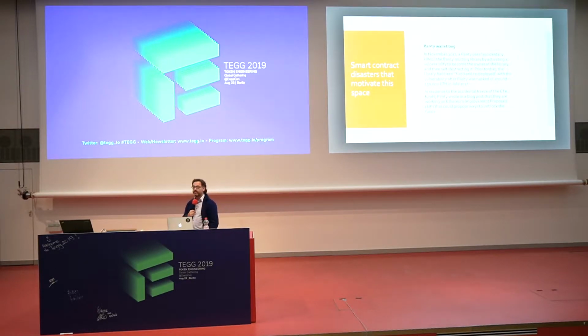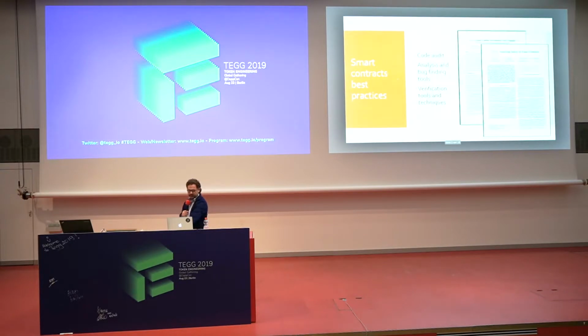Well, so what's happened after that? A few things happened. We've seen an emergence of what I would call a cottage industry when it comes to smart contract validation, verification, checking, auditing, and so on and so forth.